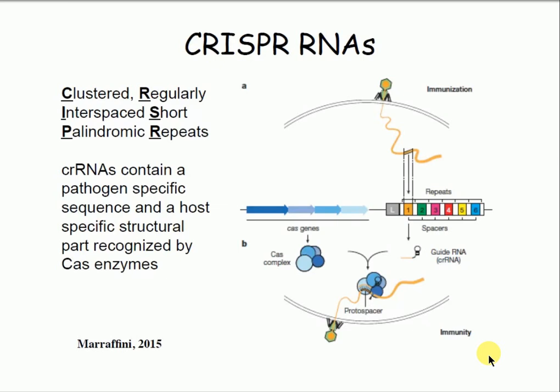If it has a complete match, then it will cleave the DNA of the phage, and that's it for the phage. It will not propagate. So this is the defense mechanism: the DNA on the first exposure has been incorporated into the genome, and then it can be transcribed to make this sgRNA, or this short RNA, and this can be used for the defense.